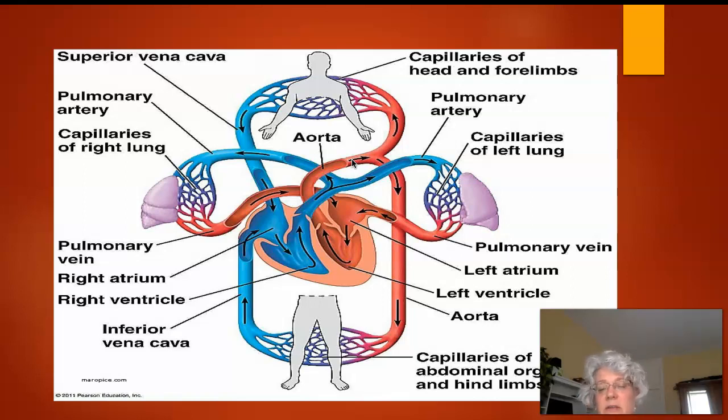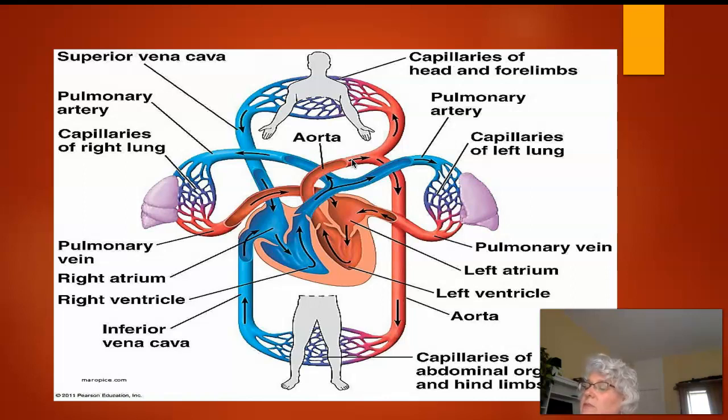Okay, so the heart has its own unique electrical conduction system, which starts with the SA node, which is in the wall of the right atrium. It follows these electrical pathways into the AV node, atrioventricular node, and then follows pathways into the ventricles electrically.